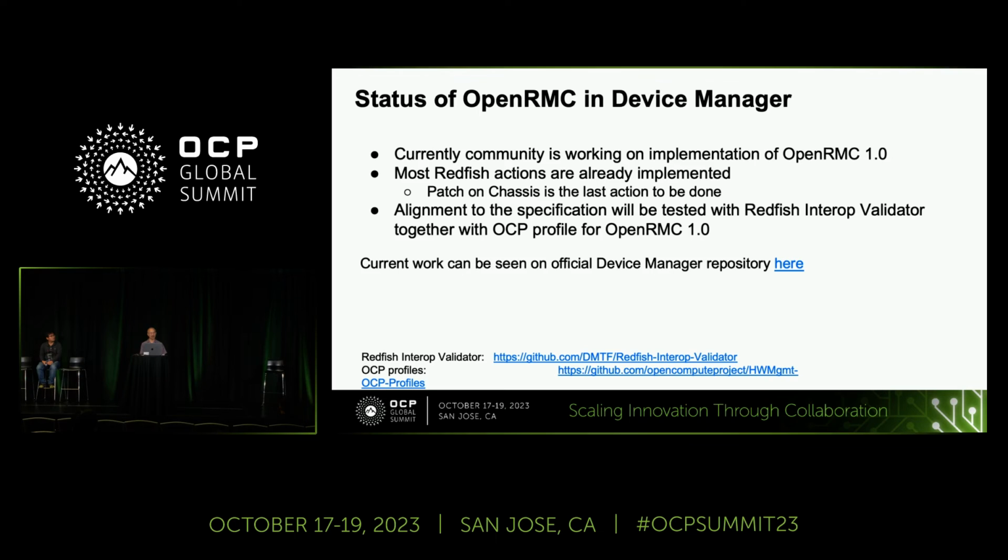We've aligned the specification to be tested with the interop validator, so that we should be able to take the profile, run it on the validator, and run it against the OpenRMC implementation. All this work is being done in the repository. There's a repository for the device manager, and there's a repository for the PSME, which is a software agent.